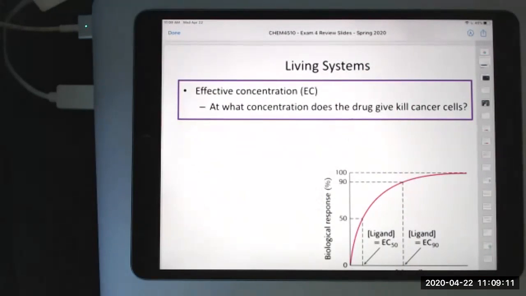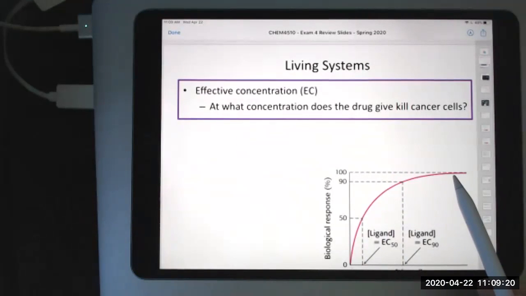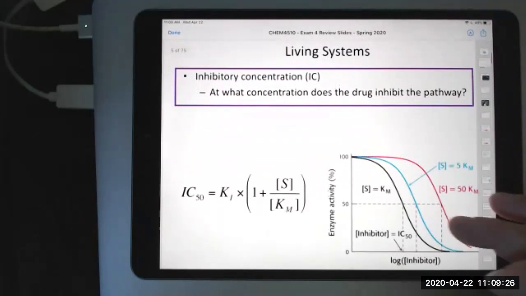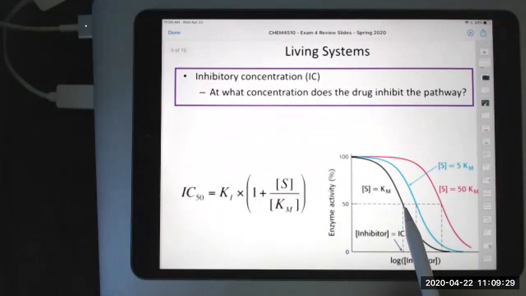So if you're looking at the whole living system, does it survive? Does it not? At what concentration do you get that biological response? The other one is inhibitory concentration. So at what point is half of the signal lost? Things like that.